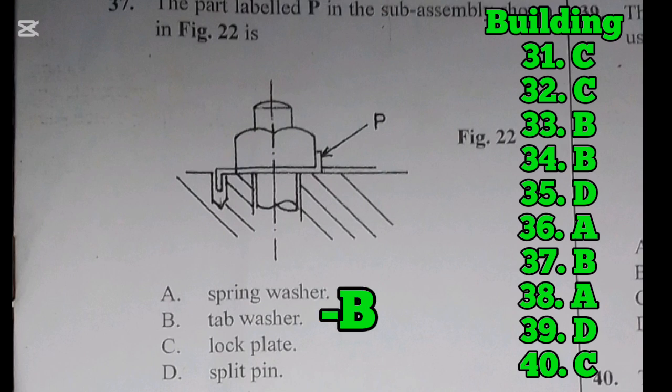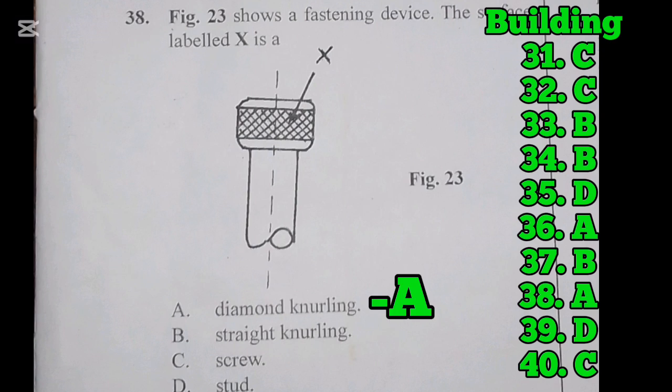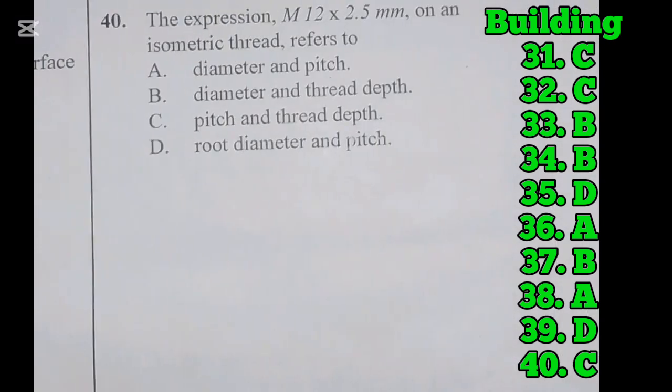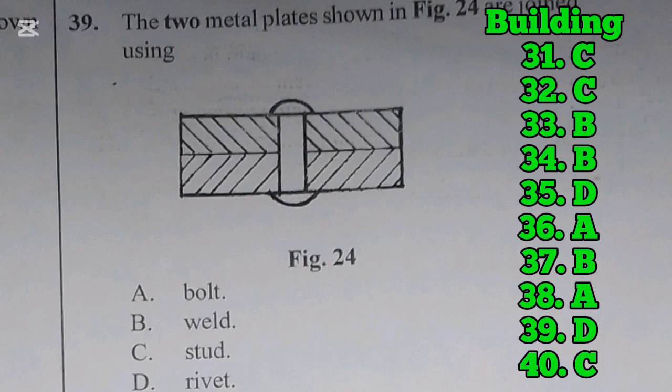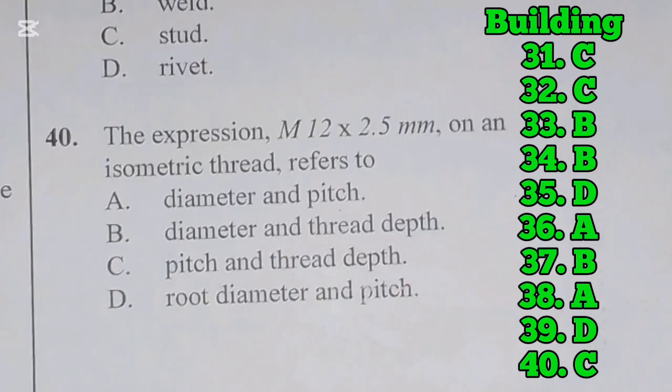The answer there is tab washer. Then 38 is diamond knurling, A. Then 39, the answer is D, rivet. That is a rivet. Then question 40, the answer there is pitch and thread depth. So that is the answer.